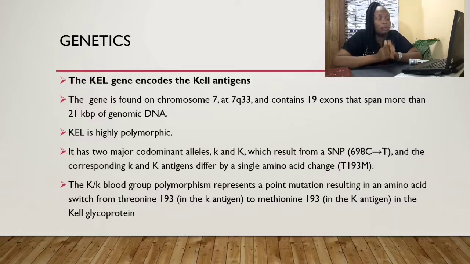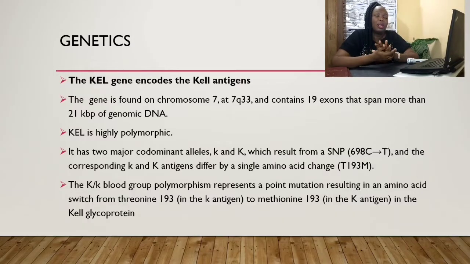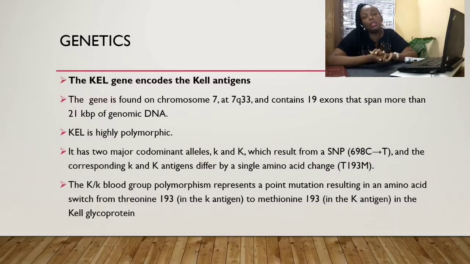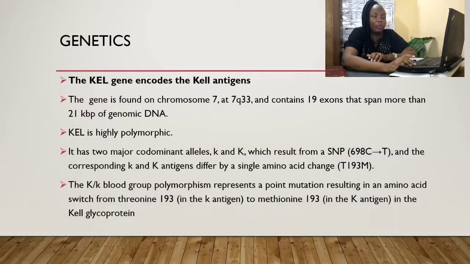I repeat that again. The change is just a single amino acid change that occurred at position 193, changing threonine in little k antigen to methionine in big K antigen at position 193.